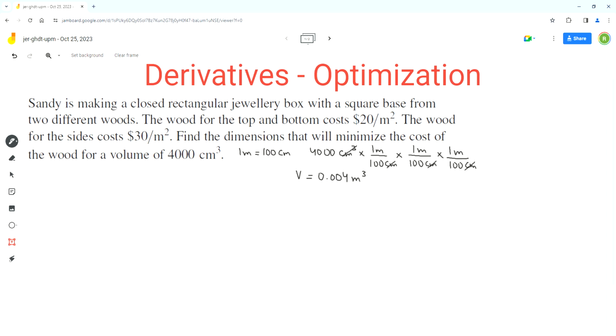Now let's start analyzing the problem by drawing a diagram. This jewelry box is a square prism, so we can draw a square prism like this.